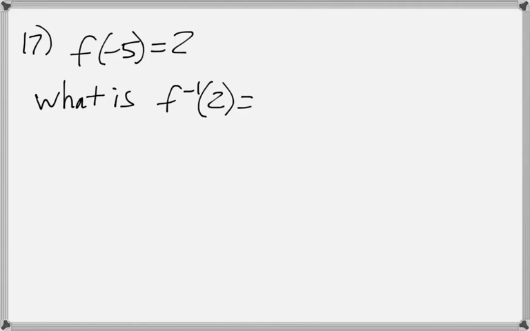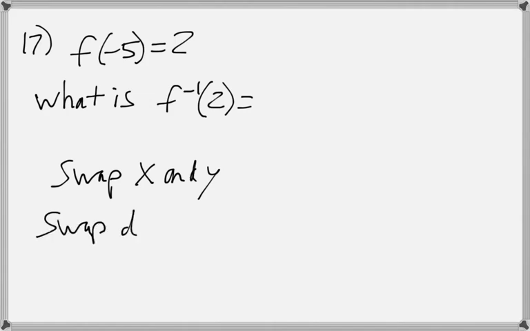of 2 equal to? So essentially, because your domain and your range are always flipped when you find the inverse, you always swap the x and y, or swap the domain and range.